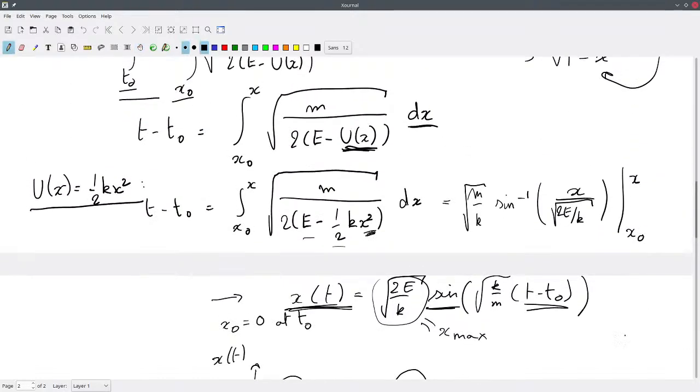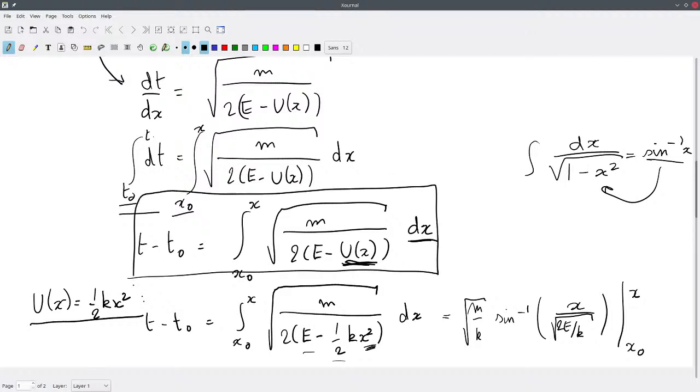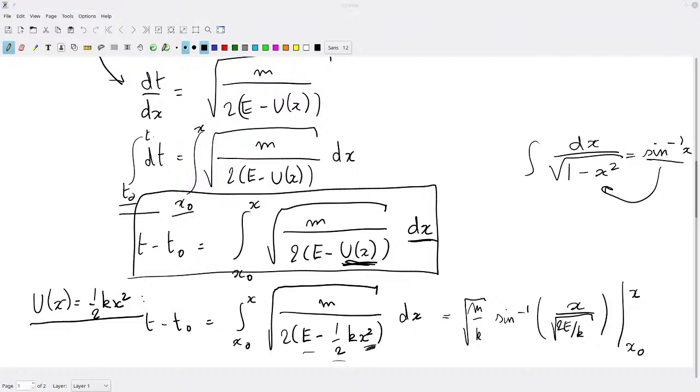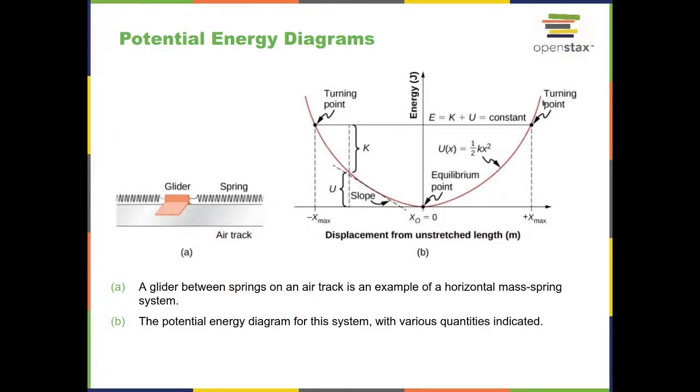But this approach, even if you have to do the integral numerically, will allow you to determine the time behavior starting from the potential energy. So the reason why I'm going through this is not to make your brain hurt, right? The reason why I'm going through this is to indicate that everything you need to know is in these potential energy diagrams.